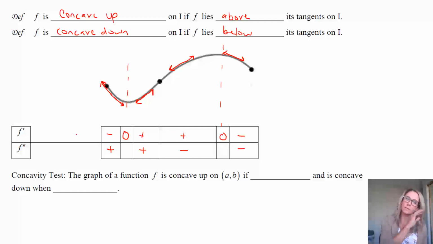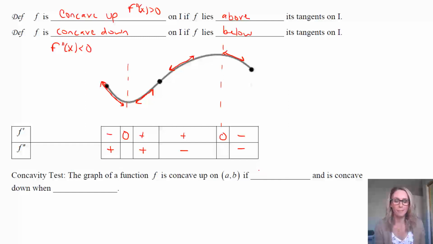So this is the idea that concave up is indicated by a second derivative that is greater than 0, and concave down is indicated by a second derivative that is less than 0. And actually, I'm just going to write that back down on the bottom here.